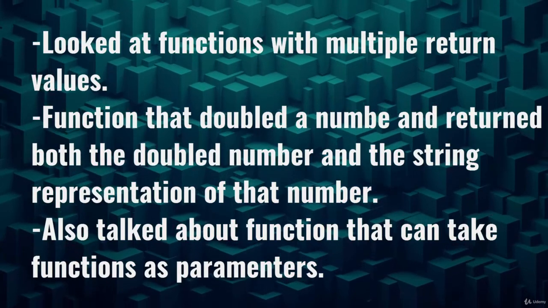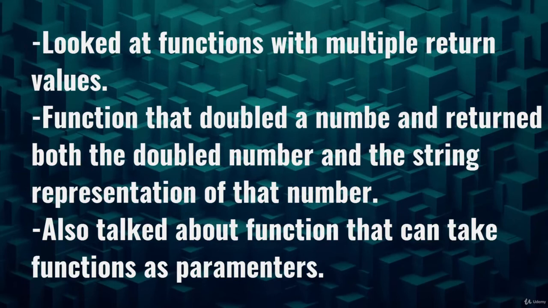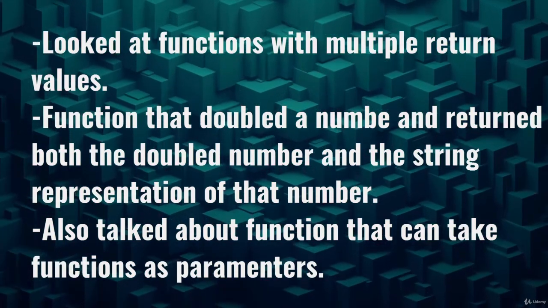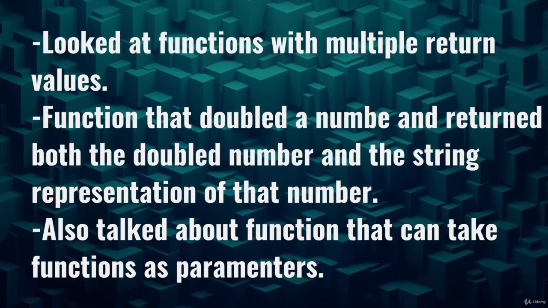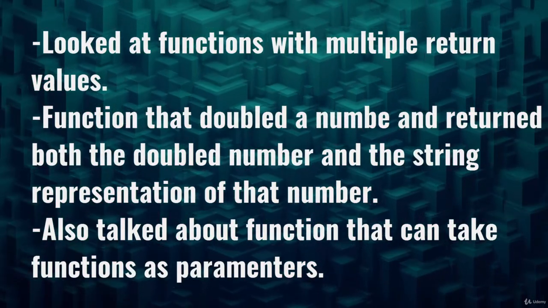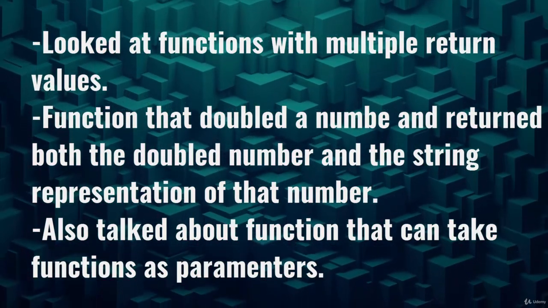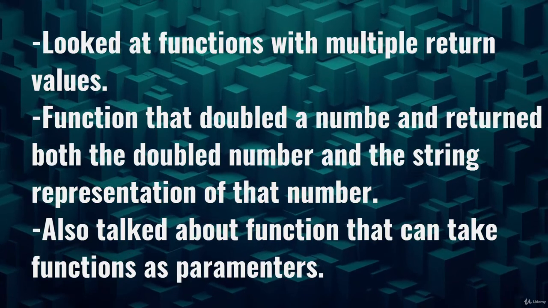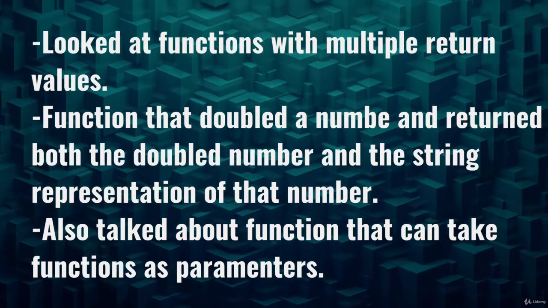So in that way we demonstrated that we can have two different return values as well as two different return types. And we also talked a little bit about functions that can take in functions as parameters. The example we used was the print function, which we'd seen a few times previously. So this is a function that can take in a function as a parameter as long as the function passed as a parameter has a return type.